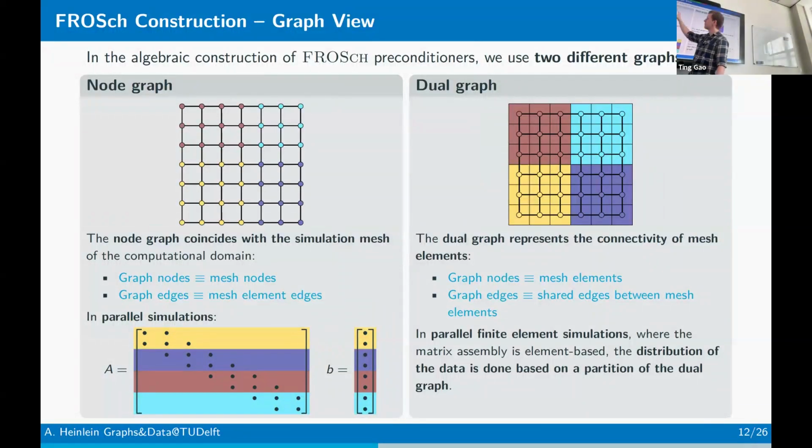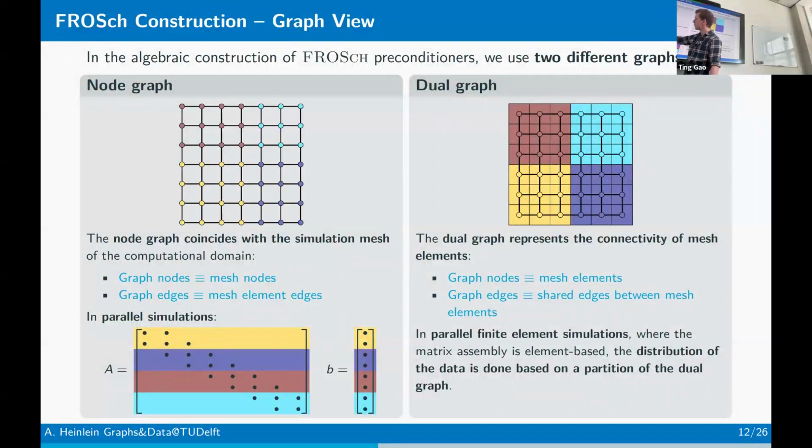The node graph, for example, if this would be also already my finite element mesh, then the node graph is really just the graph that corresponds to the mesh. So every node of the mesh is a node of the graph, and every edge of the mesh is an edge of the graph. And if you do a parallel computation, what you would typically get from your application user code is a matrix which is distributed in parallel based on a partitioning of that graph.